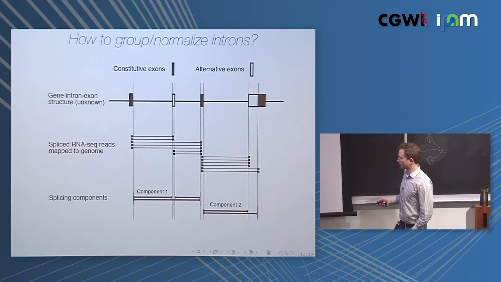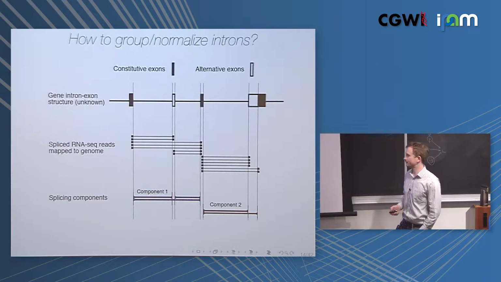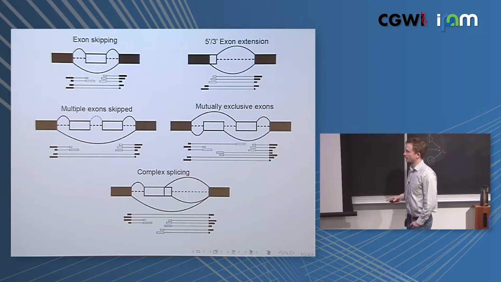So the components that you would get in this situation would be these two, sitting on either side of this constitutive exon. And then the quantification we're going to think about is how much is each of these introns used relative to the other introns in the same component. And each of these more complex splicing events that I showed you would end up corresponding to an individual splicing component.